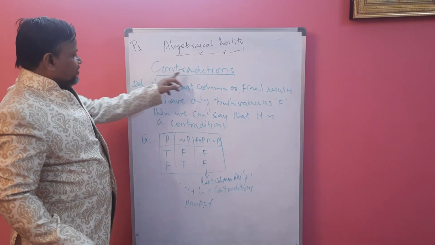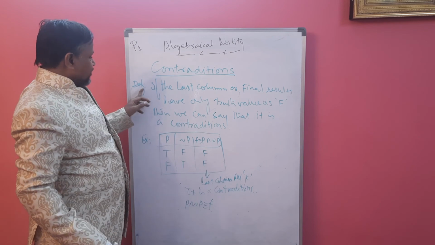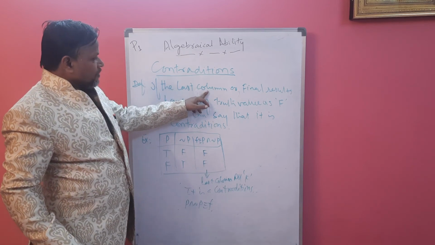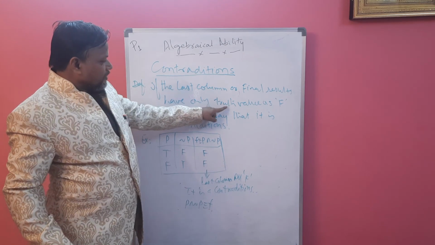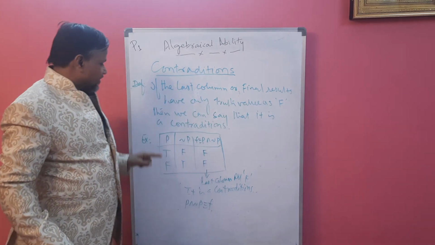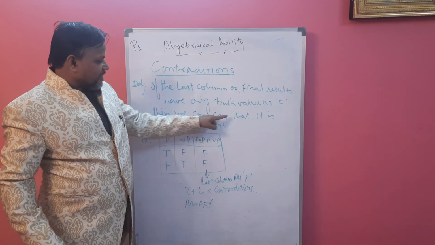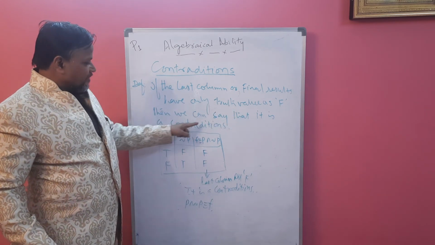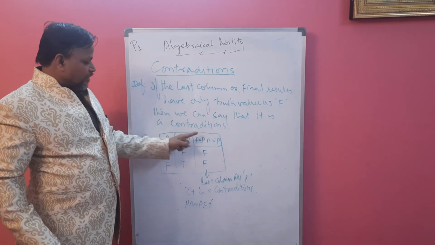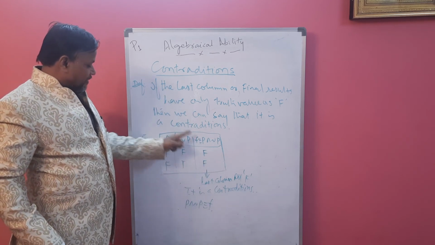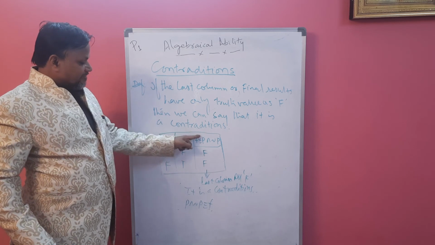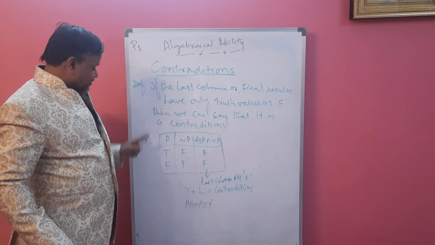Now contradictions. Definition: if the last column or final results have only truth value as F, then we can say that it is a contradiction. Last column should be F only, then we call that results a contradiction.